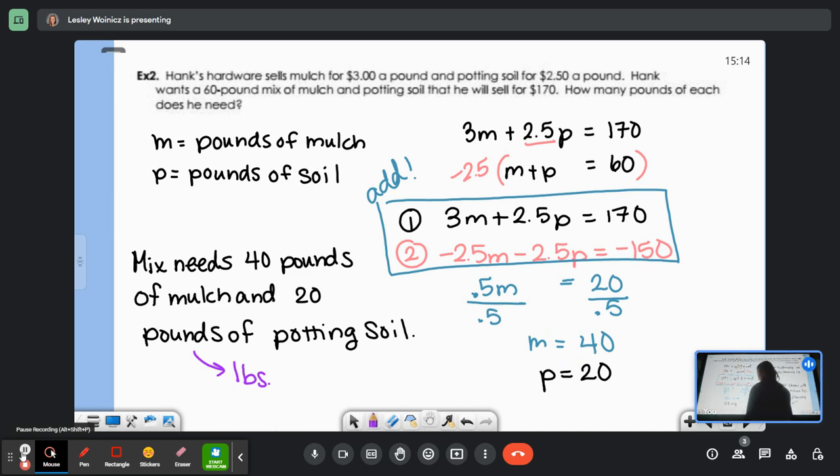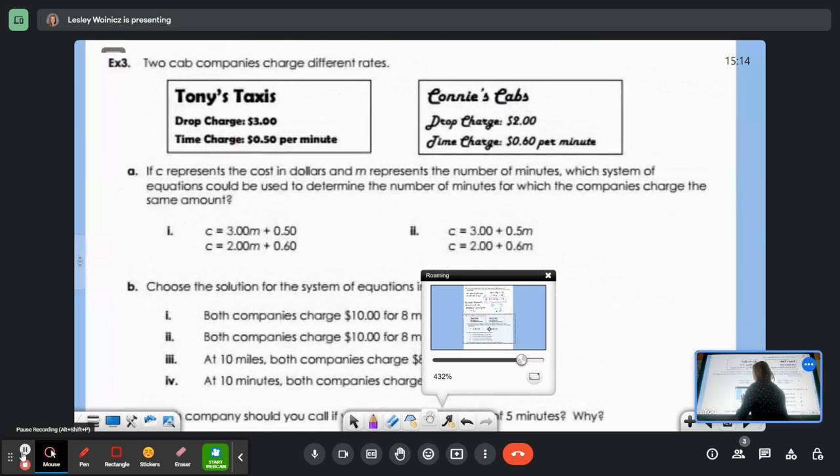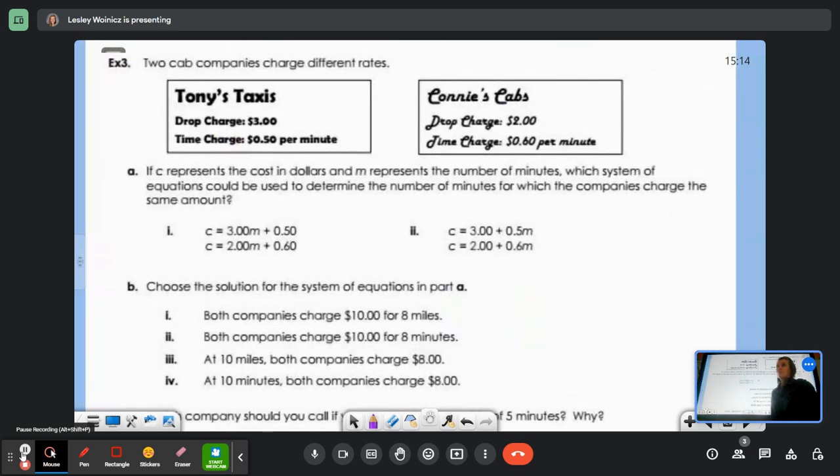All right, let's look at this one. Okay, depending on where the cab company is, they charge money in a couple different ways. If you're in a town that's very driving intensive, like if you're getting a cab in St. Louis and you're driving a lot, they're going to charge you by the mile because you're spending a lot of money on gas.